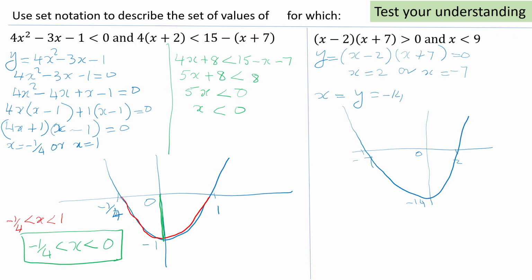So the first inequality is greater than 0, this part, above the x-axis. Second inequality, x less than 9. This is 2.